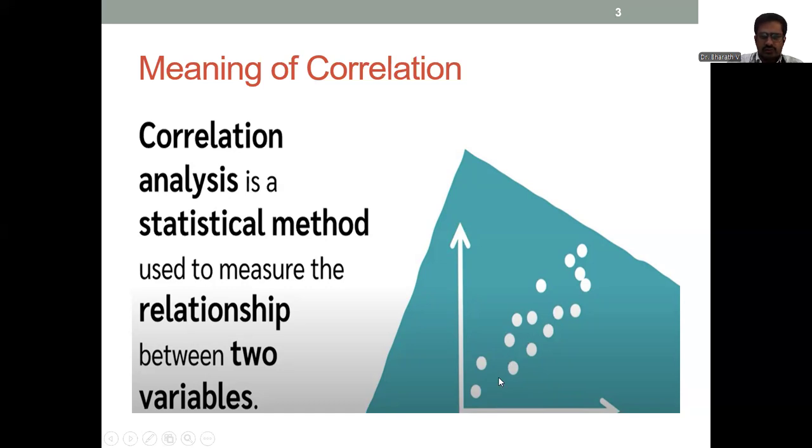To know the relation between two variables, we use correlation analysis. Correlation analysis gives you the direction and strength between the two variables.